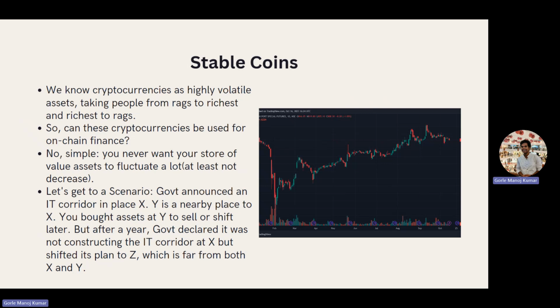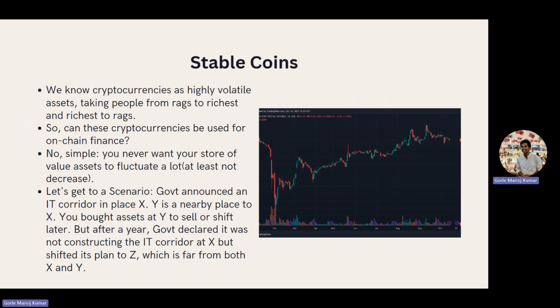Either I realize profits or I get a better life there. I bought land at place Y, which is very near to place X. So after 1 year, what happened? The government said the IT corridor has been shifted to place Z.